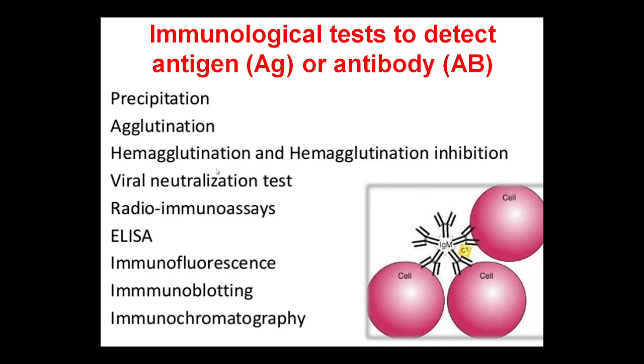Hemagglutination inhibition tests are based on the reaction of immunoglobulins of class G or M to the hemagglutinins of viruses. The virus neutralization test is based on the interaction of immunoglobulins with virus antigens.